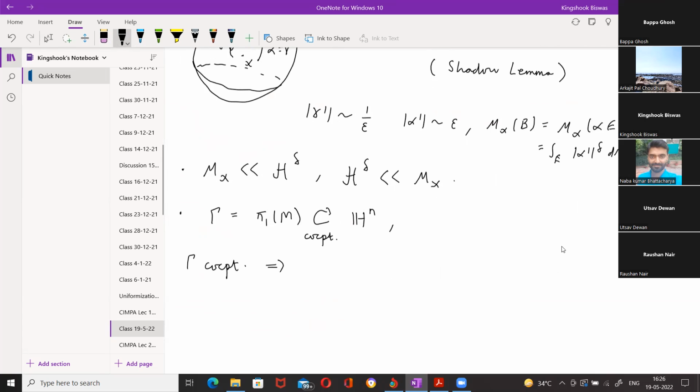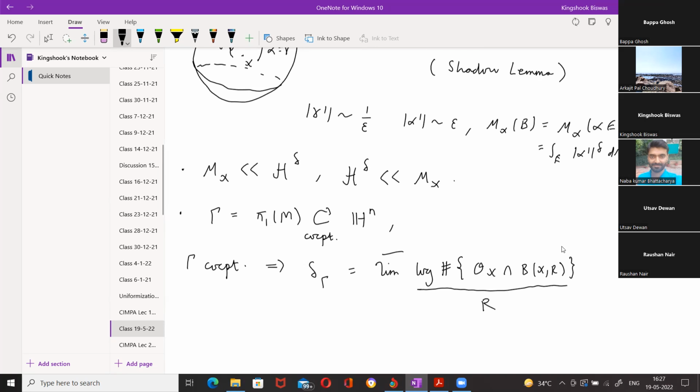this implies that the critical exponent of gamma, so this was basically the lim sup of log of the cardinality of the orbit, I'll just write it like this, cardinality of O x intersect B x R, over R. And see, the number of orbit points is the number of fundamental domains in this ball, and the fundamental domains all have the same diameter, right?